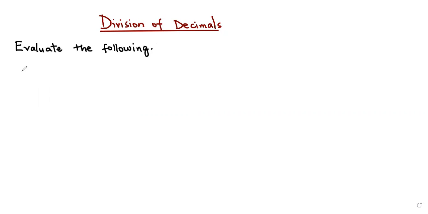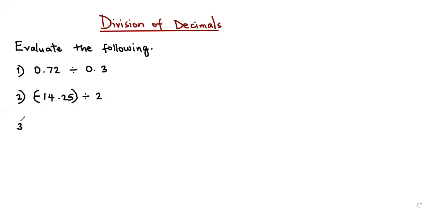Evaluate the following. Let's have number 1 as 0.72 divided by 0.3. And let's have number 2 as negative 14.25 divided by 2.